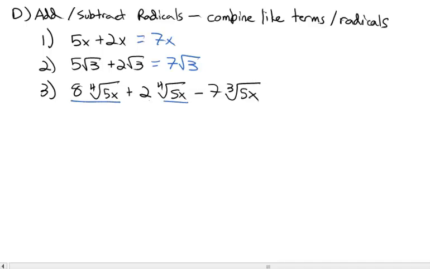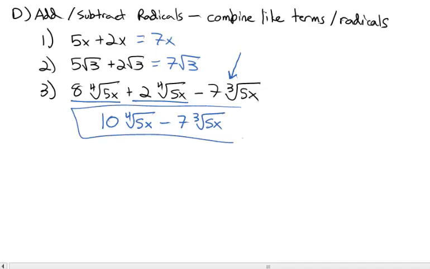Well, you'll notice the 4th root of 5x is a like term, but not the cube root. Cube root of 5x is close, but close only matters in horseshoes, scud missiles, and slow dancing, not in math. So as a result, we can only combine the like terms of 8 plus 2 to get 10 times the 4th root of 5x. And we still have negative 7 times the cube root of 5x.